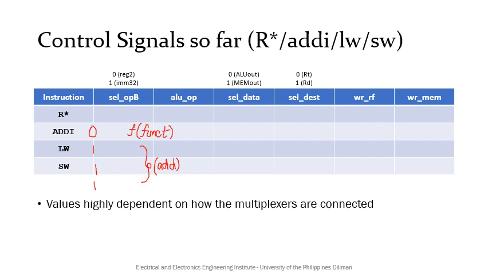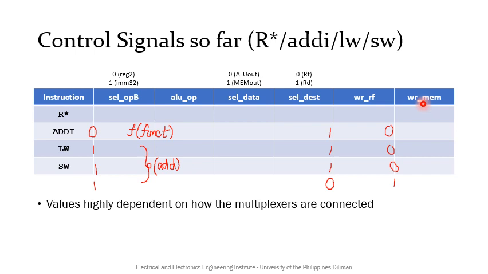Our R-type, addi, and load word instructions write into the register file. So we write 1 for their write RF values. However, store word instructions don't write into the register file but write into the data memory instead.